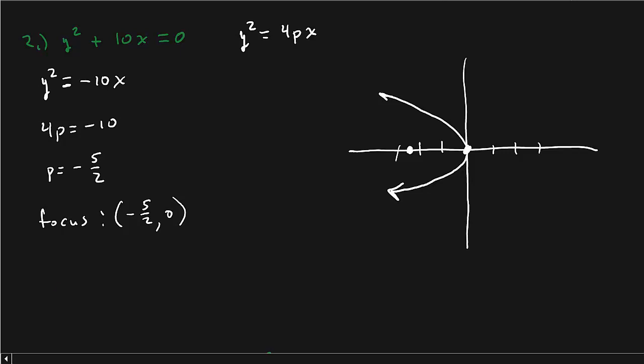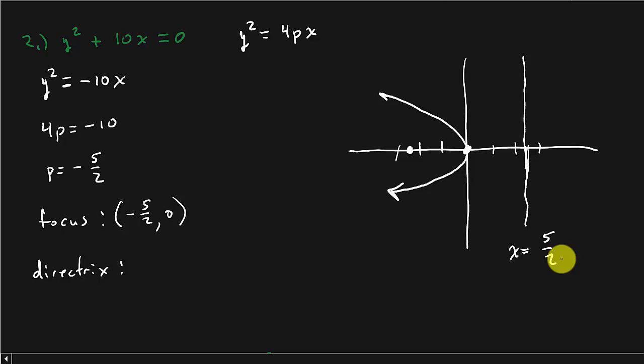Now we need our directrix. The directrix goes p units this way, so that's going to be a vertical line right here, and that's going to be x equals 5 halves.